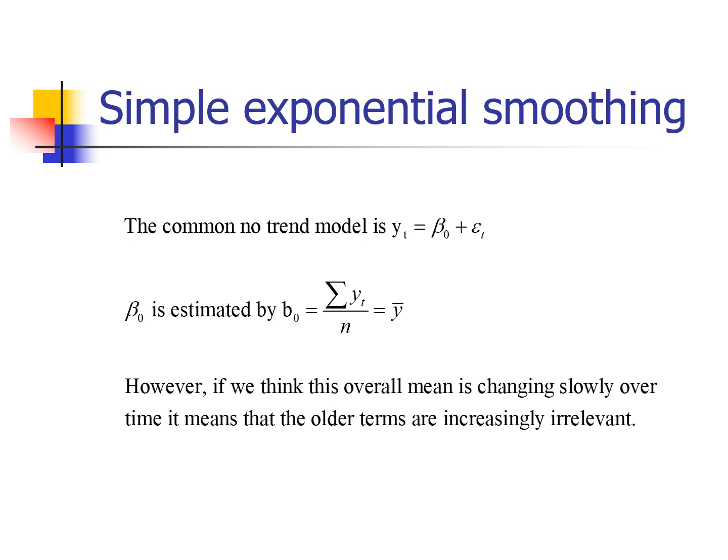But what would I do instead if I think that there is this overall average, but I think that overall average might be slowly changing over time? And if it's slowly changing over time, then what that's implying is that older terms are increasingly irrelevant.